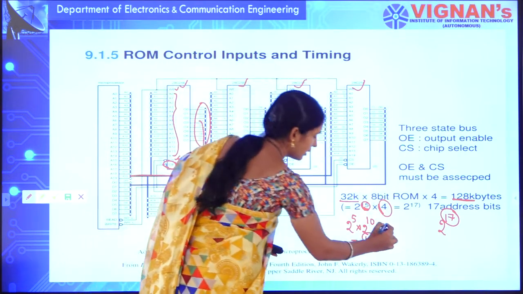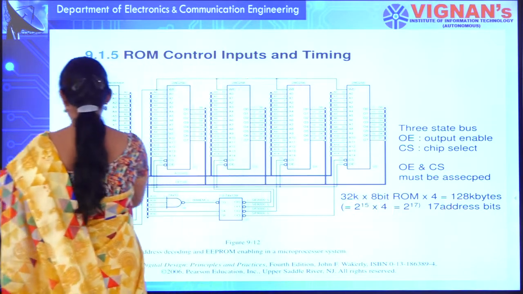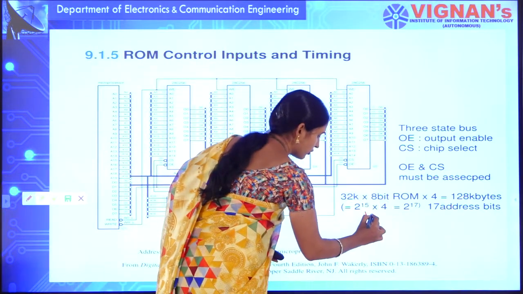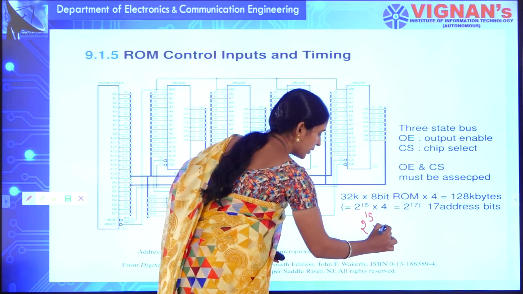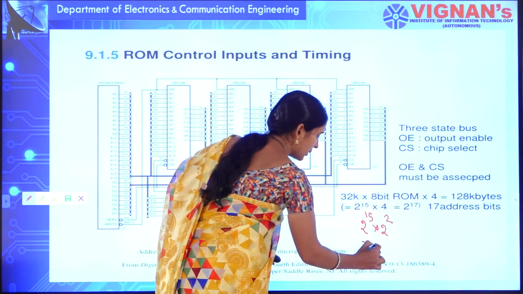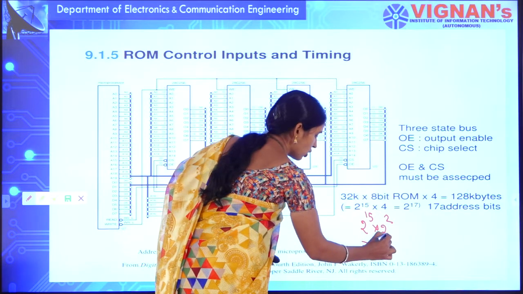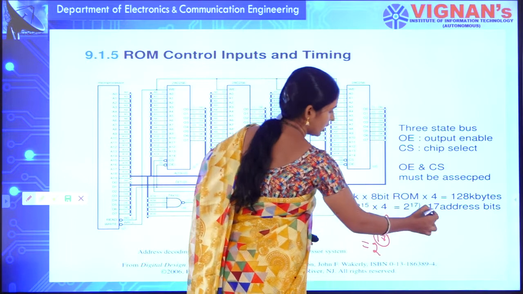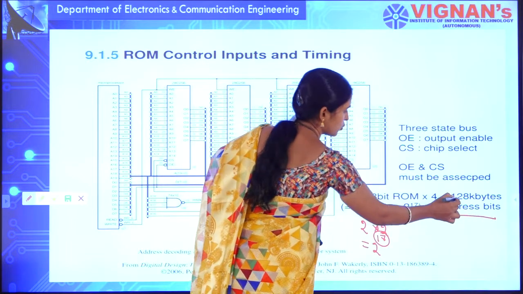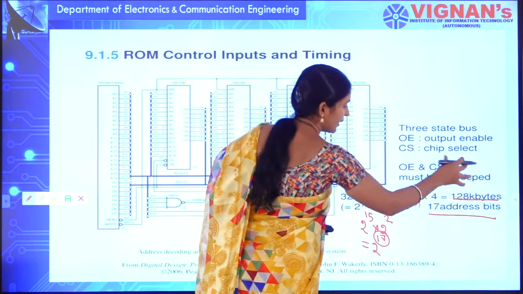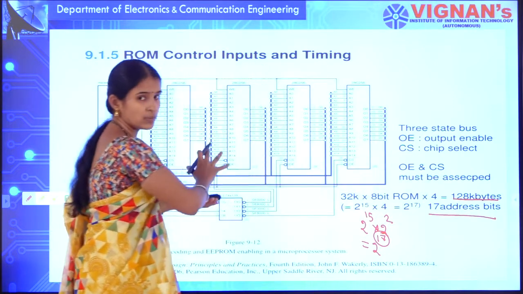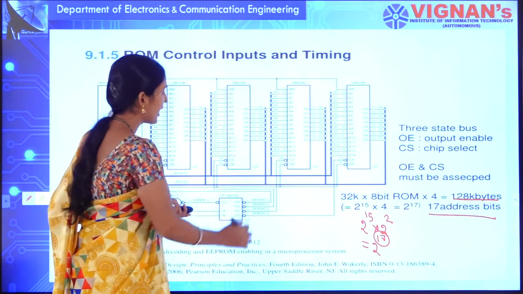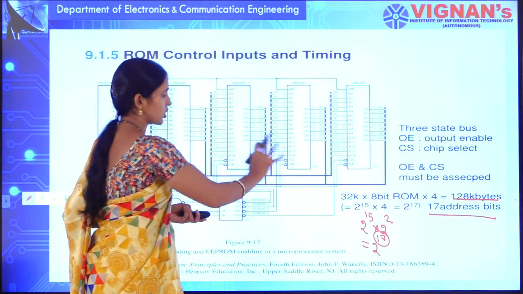Okay. See here, 2 power 15 into 4 can be written as 2 power 2 times 2 power 15, which is 2 power 17. So, you are interfacing 2 power 17, that is 17 address lines, which is 128 kilobytes. 128 kilobytes of address space is interfaced to the microprocessor, okay, by taking 4 of the same chips.